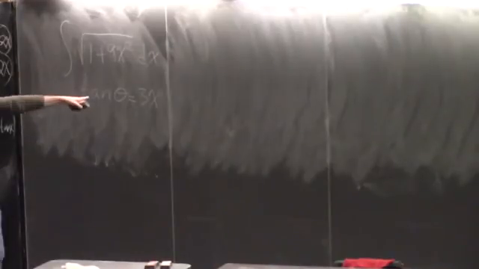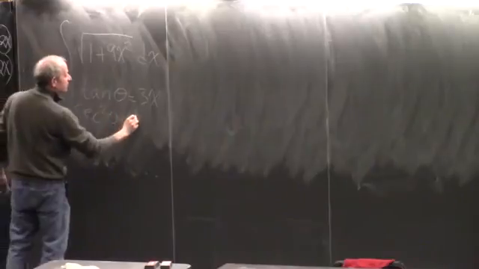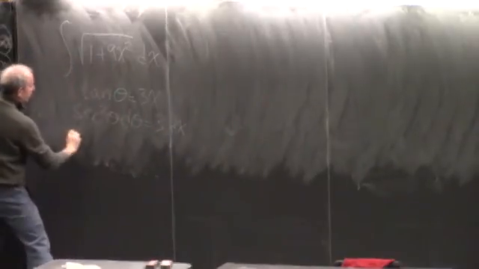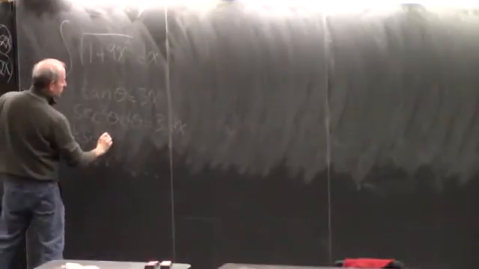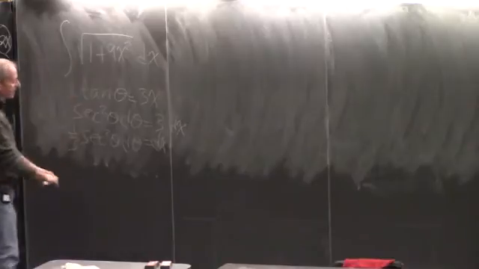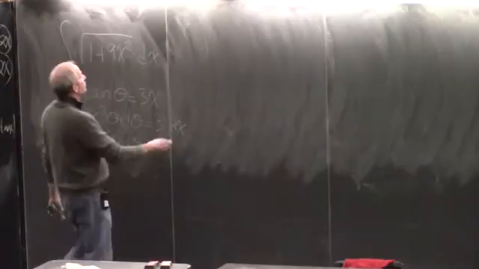So if I let this be tan theta, now why? You'll see in a second. Then secant squared theta d theta is 3 dx, or 1/3 secant squared theta d theta is dx. Okay, I picked a hard one to start. My apologies.